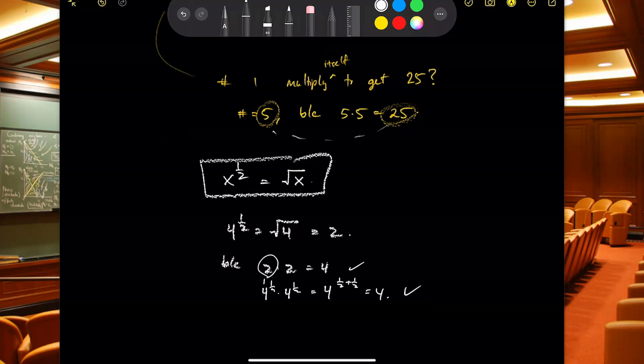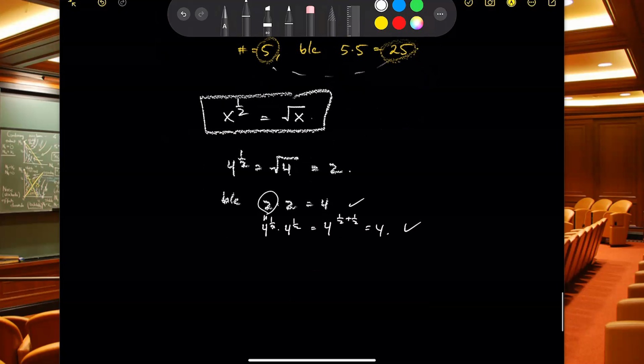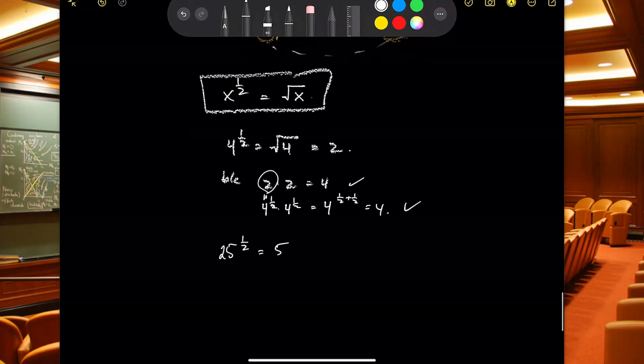So it has to be that 2 is 4 to the 1/2. And same for 25 to the 1/2 power is 5, because this is the square root of 25.